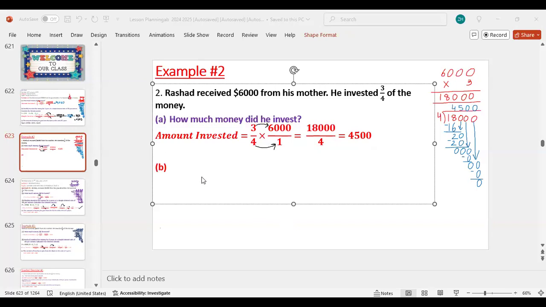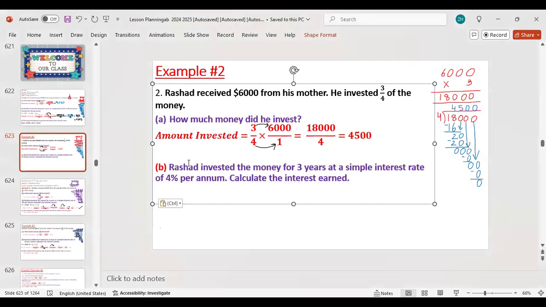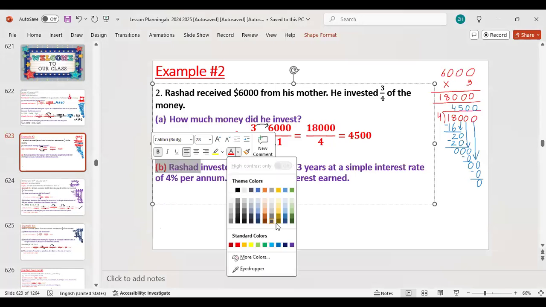All right, so the next question says that Rashad invested the money for 3 years at a simple interest rate of 4% per annum. Calculate the interest earned.